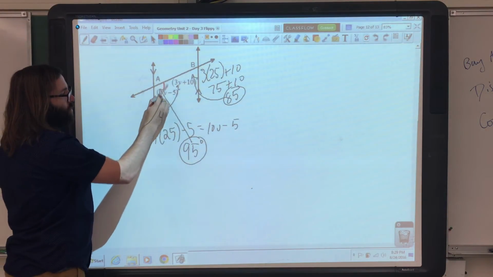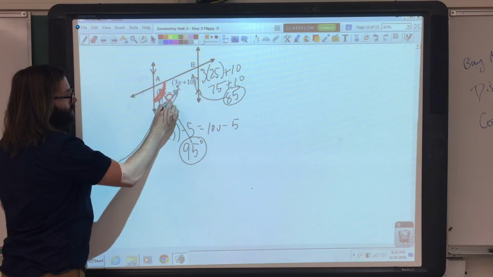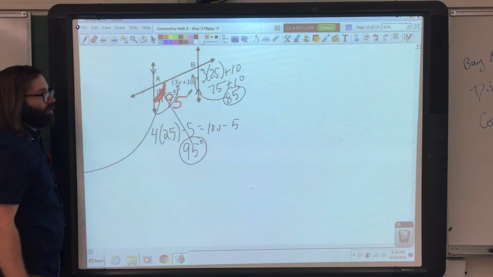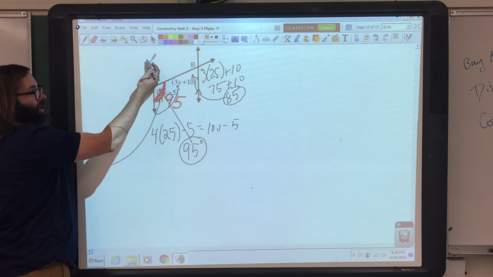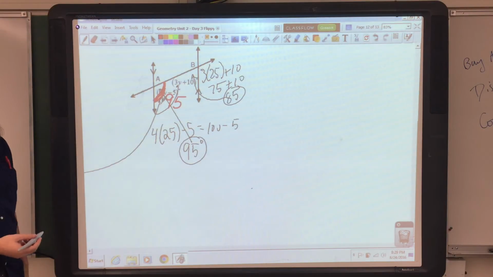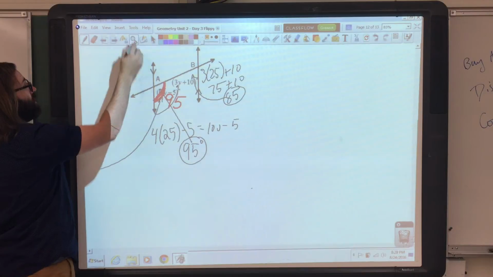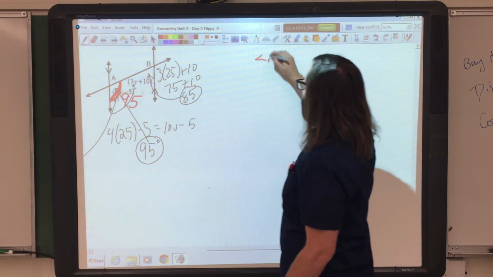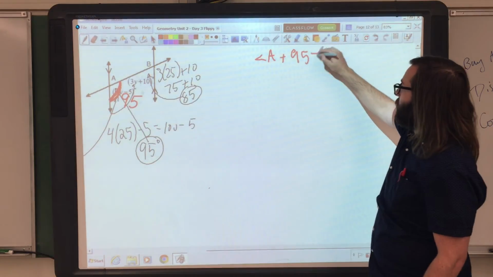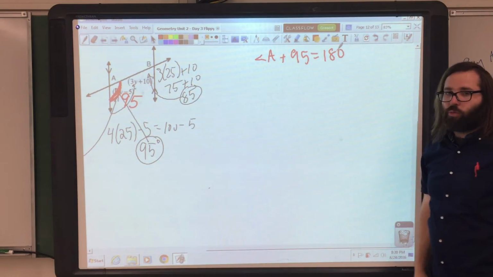So we now know that this whole thing is 95 degrees. We also know that this thing is supplementary. So it adds up to 180. So to find angle A, we know that angle A plus 95 equals 180.